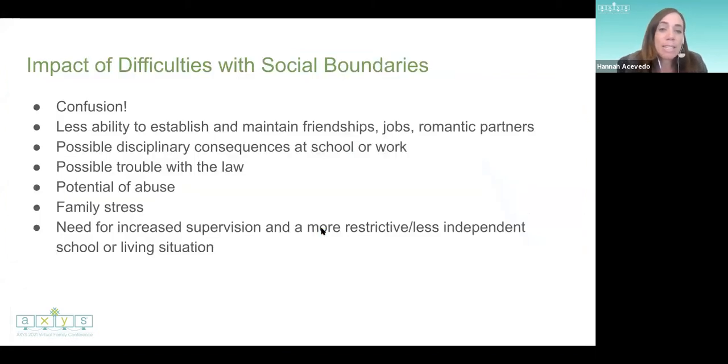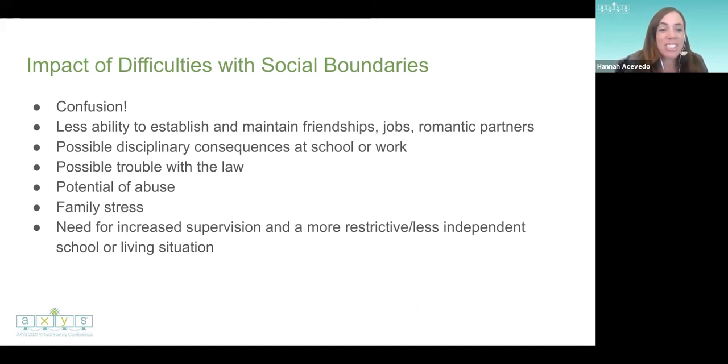One thing I often hear from individuals who are struggling with social boundaries is a feeling of confusion. Like, I don't understand why I can't say that, or I don't understand why I'm having a hard time making friends. There's also sometimes a decreased ability to maintain friendships, get jobs, or establish romantic relationships.